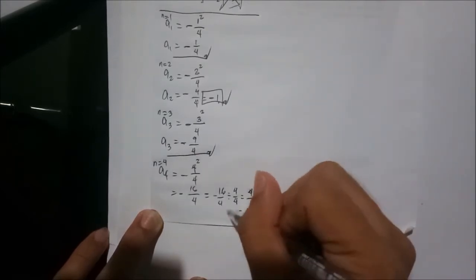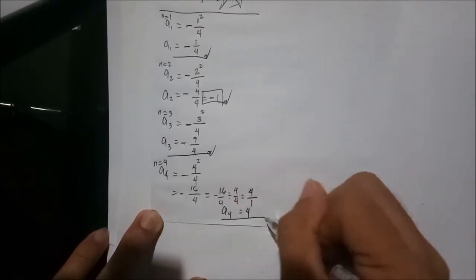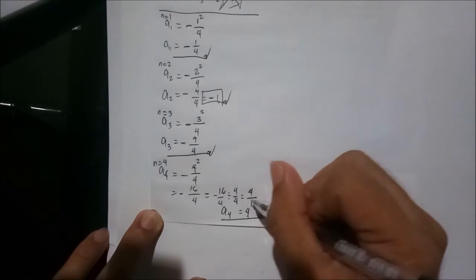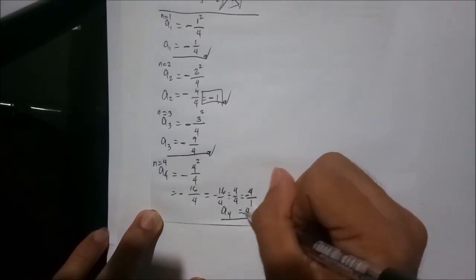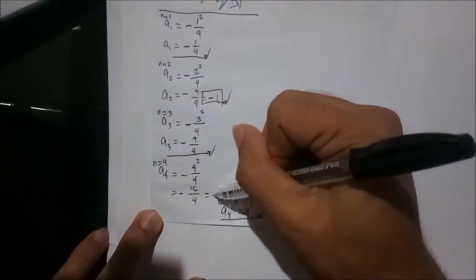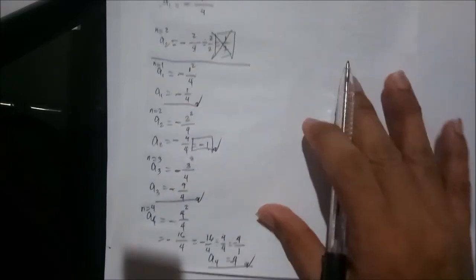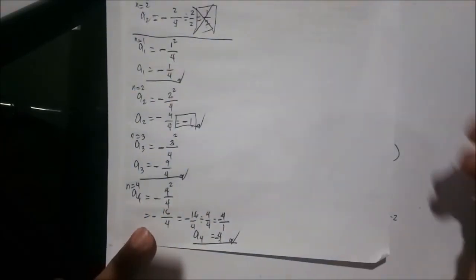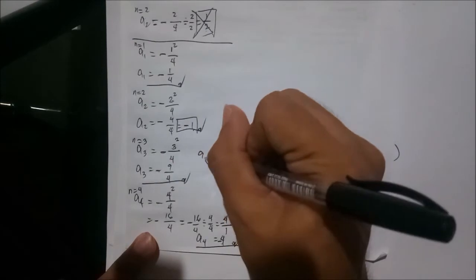So your a sub 4 is equal to 4, or negative 4. Don't forget the negative, because the given is negative here. So your answer is correct because negative 4 is the given. Now proceed to a sub 5, the final.